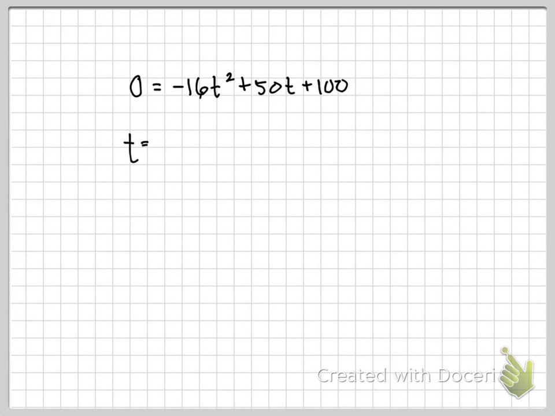So the quadratic formula, just as a reminder, is negative b plus or minus the square root of b squared minus 4ac all over 2a. And that'll give me my roots or my x values. Okay, in this case we're doing t.